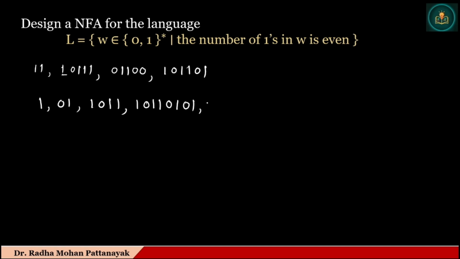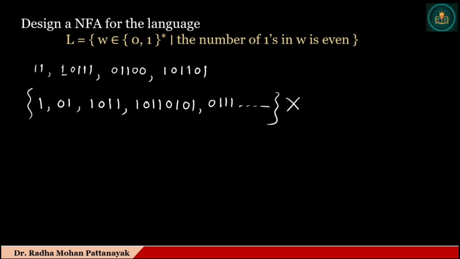Clear? Then we can write 0 1 1 1, that is also not satisfied. These are the strings which are not satisfied by the language. Okay, so I hope you understood which strings satisfy this language and which strings do not.